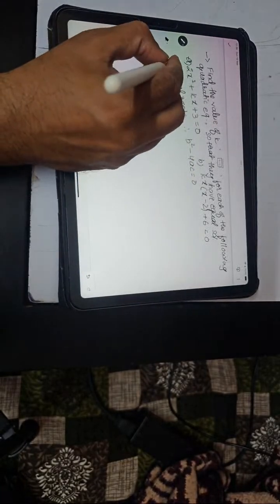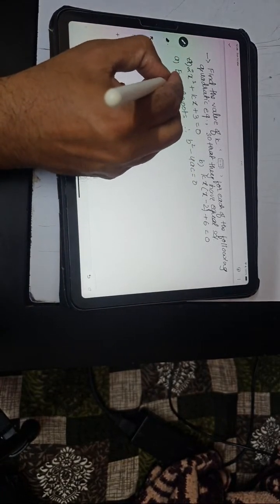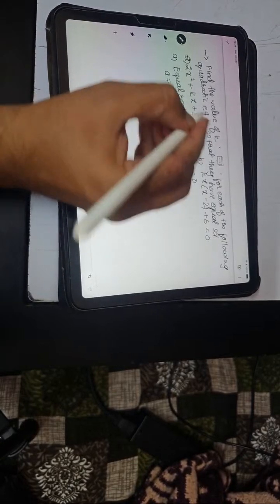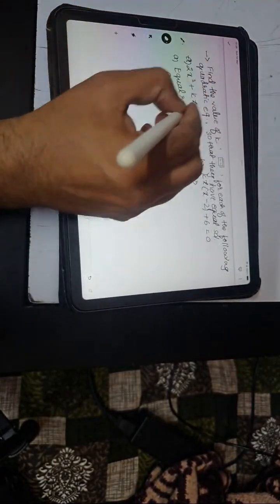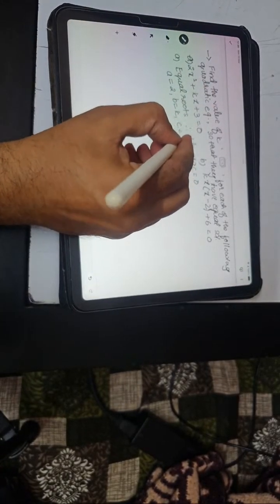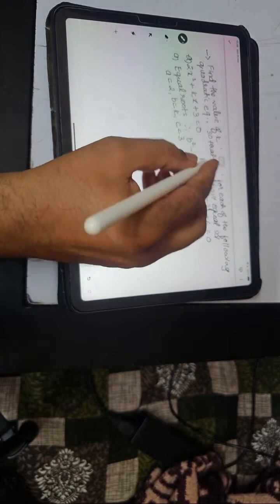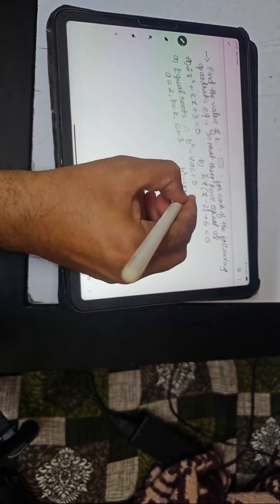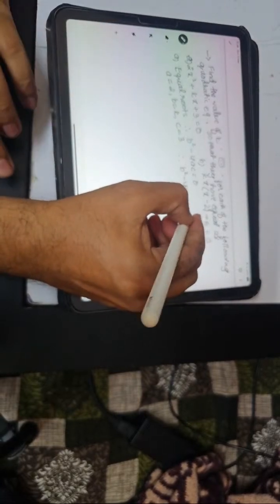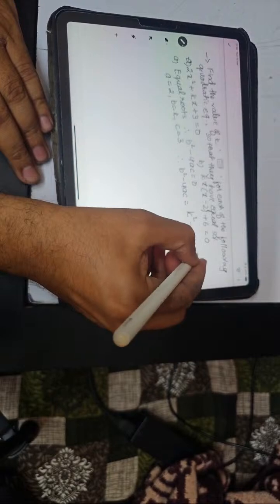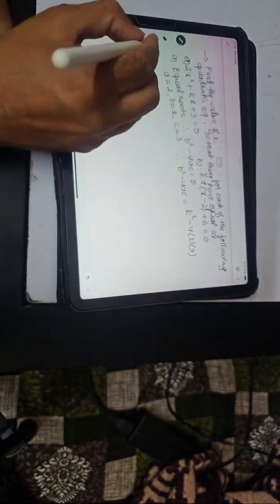So B square minus 4AC should be 0. Here in the first equation A is 2, B is K and C is 3. Oh sorry, I forgot to write C. C equal to 3. So therefore, B square minus 4AC will be K square minus 4 into 2 into 3. So this should be equal to 0.